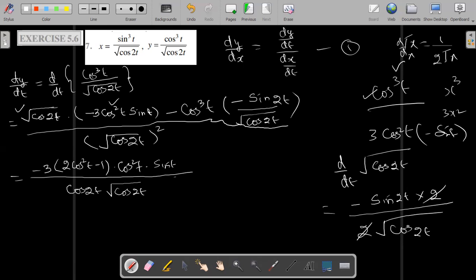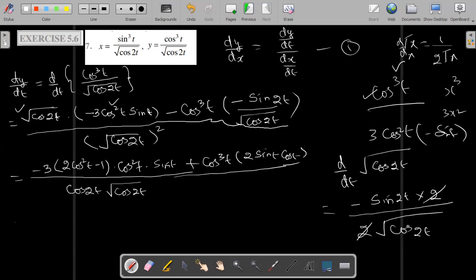Then minus plus, this will become cos cube t. And this sin 2t, sin 2 theta is equal to 2 sin theta cos theta, so we can write sin t cos t.